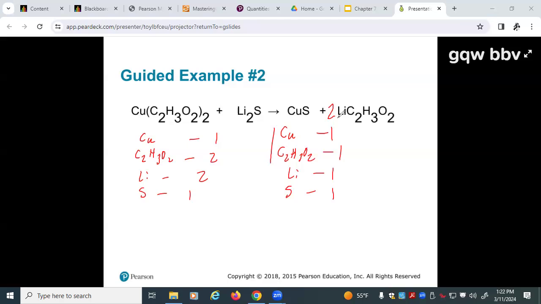Now the question is, how do I break these apart into ionic and net ionic pieces? And to answer that question, I have to know something about the materials themselves. So in particular, I was told that these two are aqueous. Since these two are aqueous, the copper 2 acetate and the lithium sulfide, I know that they are soluble.